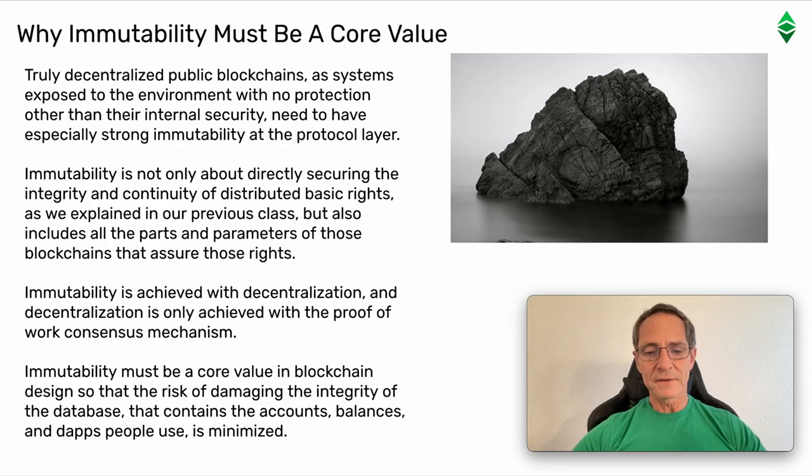Immutability is achieved with decentralization, and decentralization is only achieved with a Proof of Work consensus mechanism. Immutability must be a core value in blockchain design so that the risk of damaging the integrity of the database that contains the accounts, balances, and dapps people use is minimized.